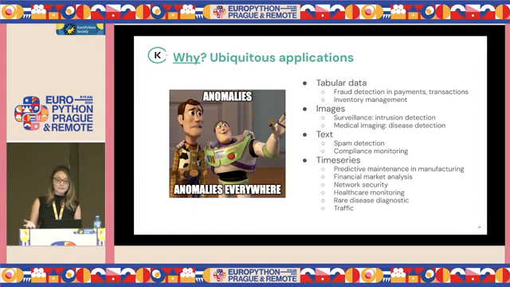In life sciences, disease detection. On time series data, predictive maintenance, the analysis of financial markets, network security, healthcare monitoring, and many more. The remaining content of my presentation will focus on the analysis of time series data. However, most of the methods that I will present today can also generalize to the other types of data.